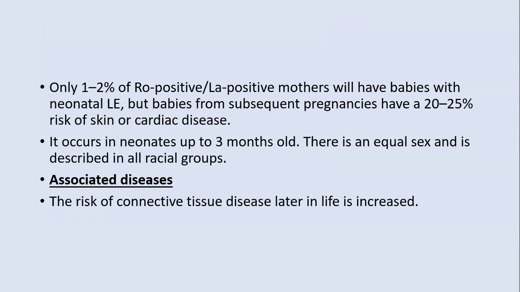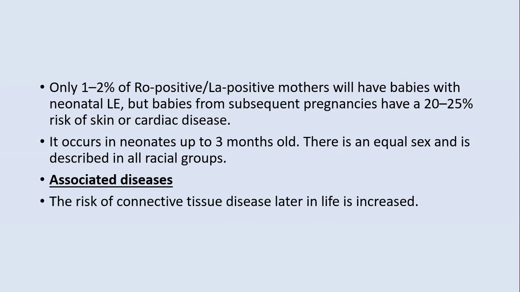Only 1 to 2% of Ro positive or La positive mothers will have babies with neonatal LE. But babies from subsequent pregnancies have a 20 to 25% risk of skin and cardiac disease. So the incidence of having neonatal LE in a Ro or La positive mother is just 1 to 2%.